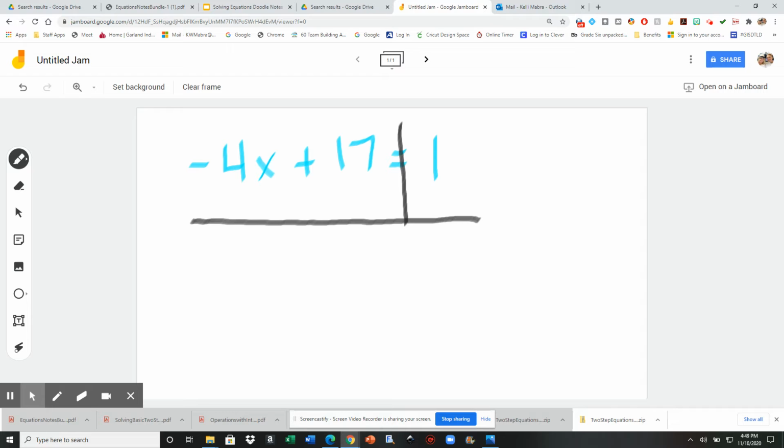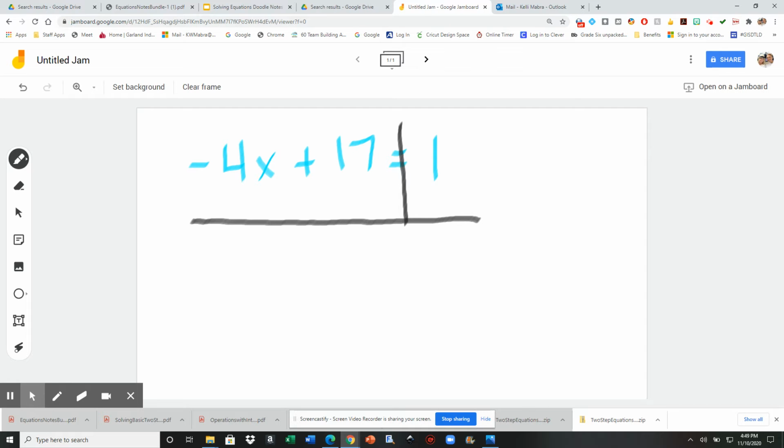Okay, and according to our rules and our criteria that we have to follow, the very first thing you want to do is get the variable by itself. And since it's not by itself, you have to follow the steps in order to undo this operation. With two-step equations, you start with adding or subtracting. So you have to undo first your adding or subtracting.